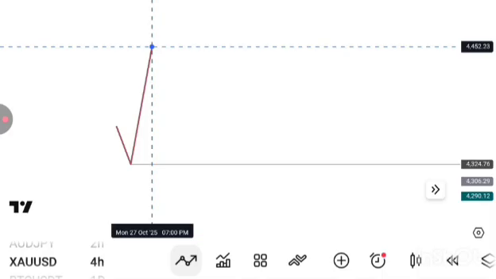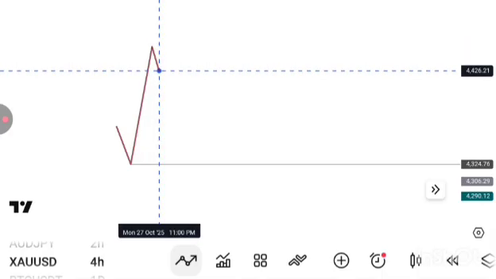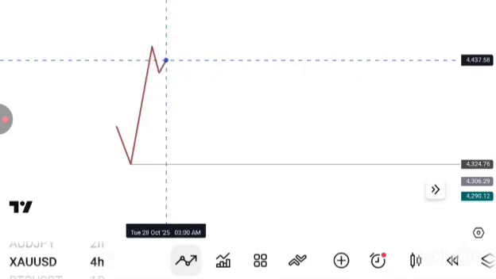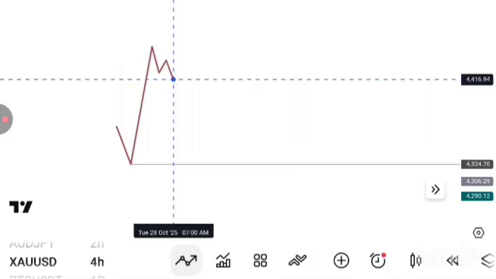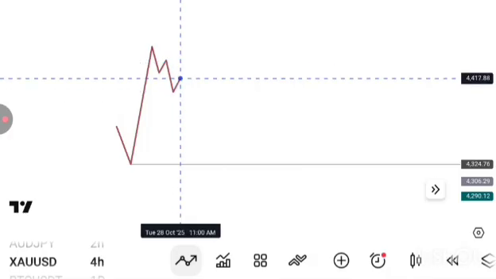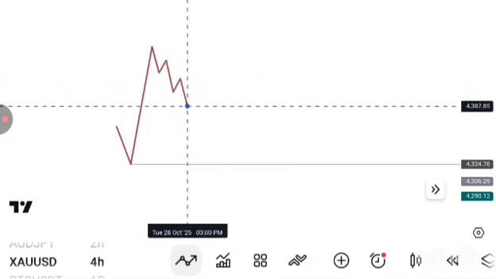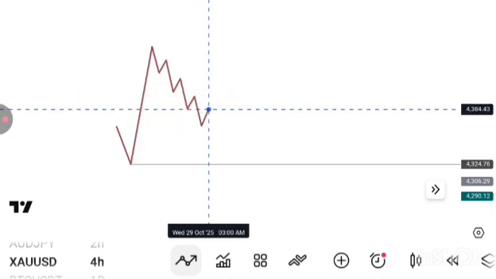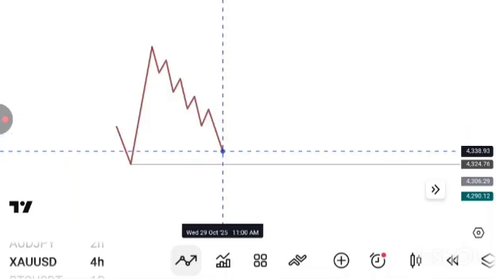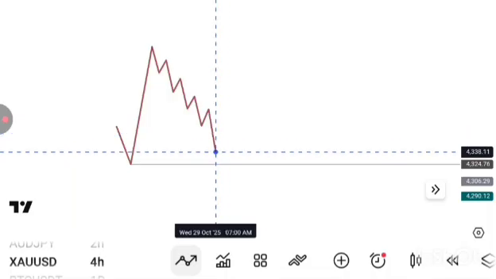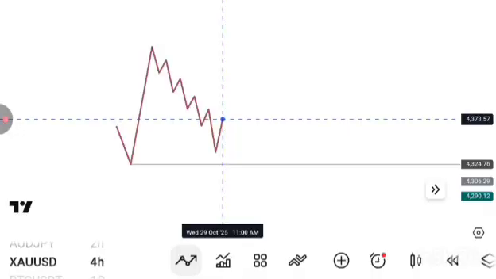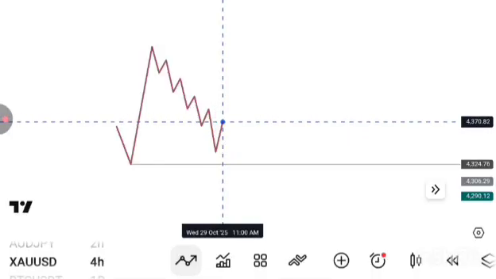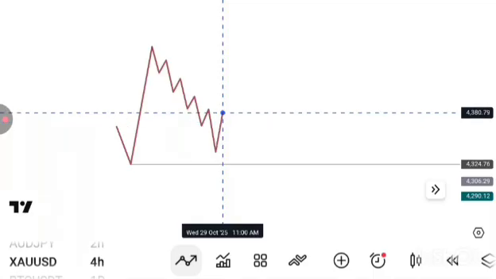So in some instances, price approaches your key level in a trend-like format or a trend-like form. So you see price is actually bullish, but price is creating a series of lower highs and lower lows to your key level, right? So it engineers liquidity at this particular level.